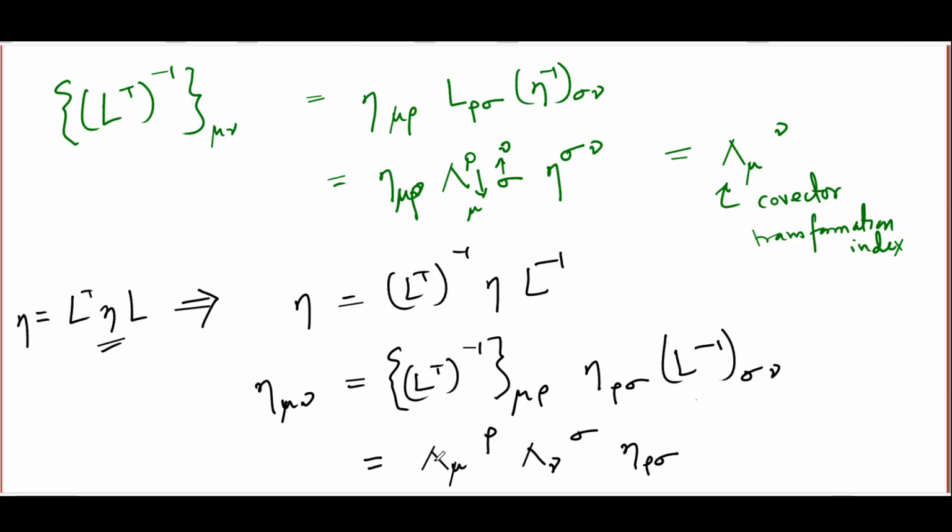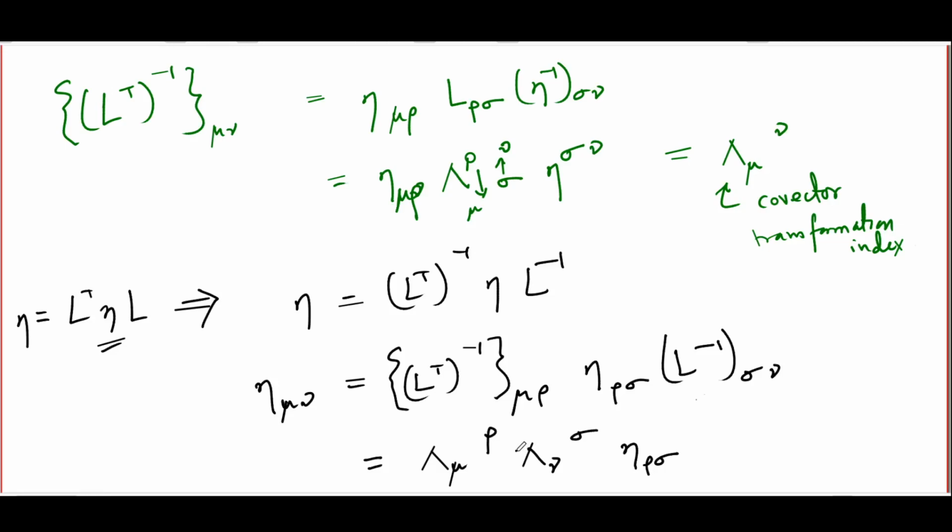So this is exactly equivalent to the basic property that we wrote down before, but looks rather different in this form. η_{μν} is Λ_μ^ρ Λ_ν^σ η_{ρσ}. Now this actually has quite an important implication. Note that these are covector transformation coefficients, and η having two such coefficients essentially means the following.